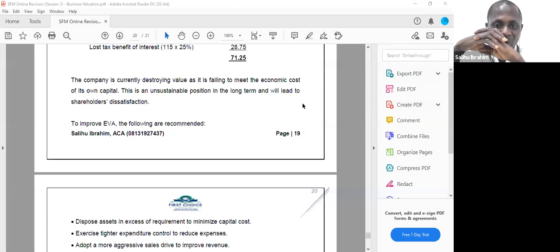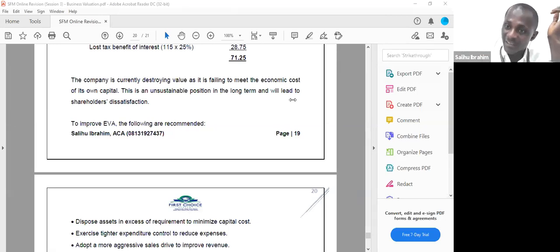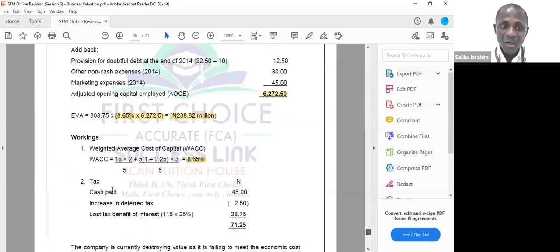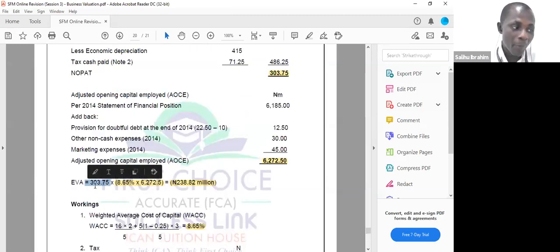Please, I still don't understand the interpretation of the EVA. How to determine if it's good or bad. It will be good if it is positive. If your EVA is positive, it means we are adding value. If your EVA is negative, it is not good. Look at it. This is what you make, and you are spending more than what you make. You understand?